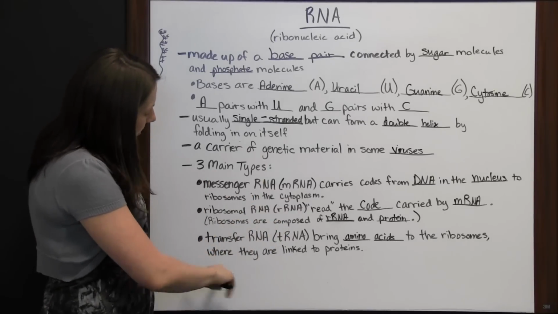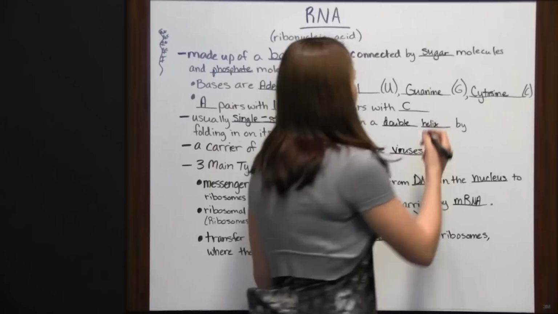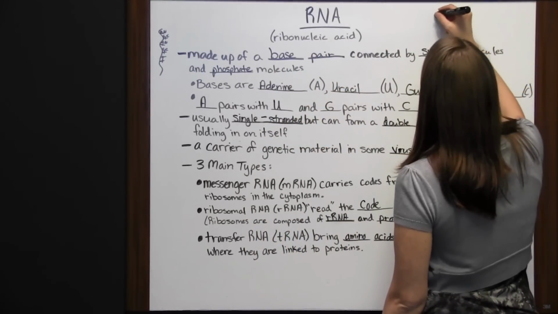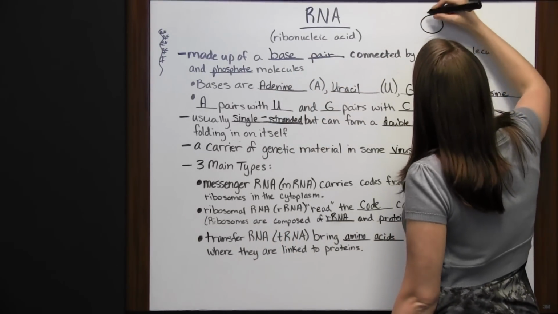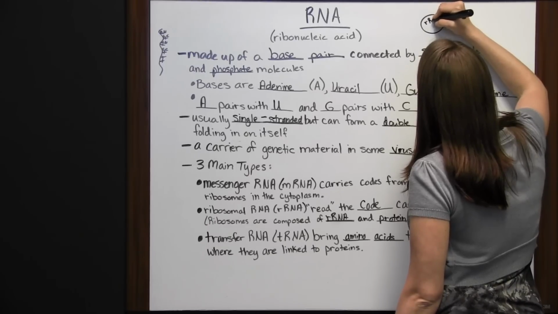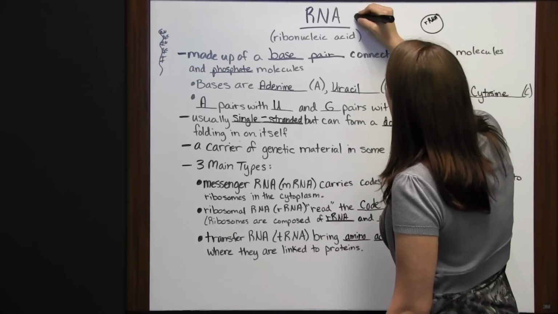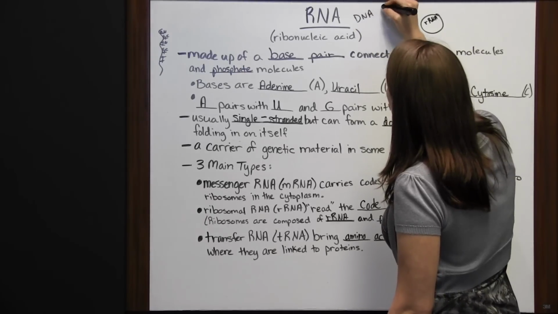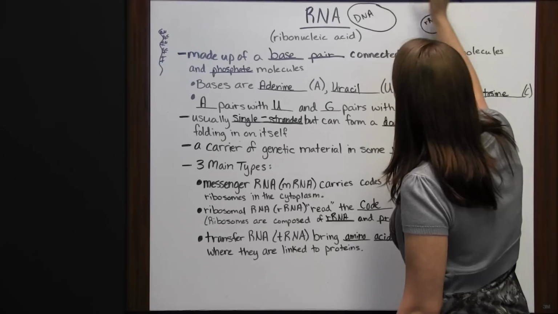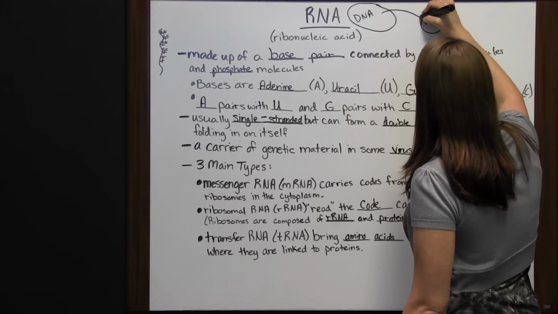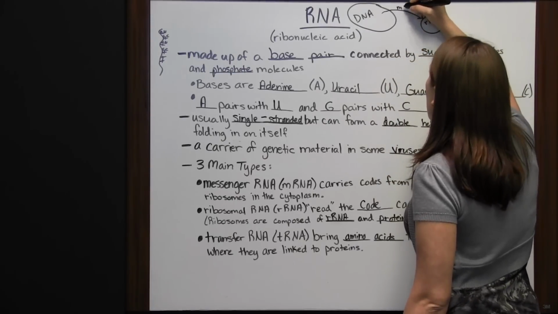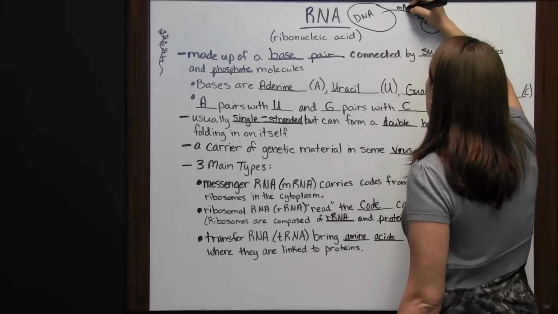So let me show you what this might look like. Let's say we've got our ribosome, and so you've got RNA, your ribosomal RNA in here. Well, you've got DNA in the nucleus over here, and it's going to get transferred to RNA via the messenger RNA.